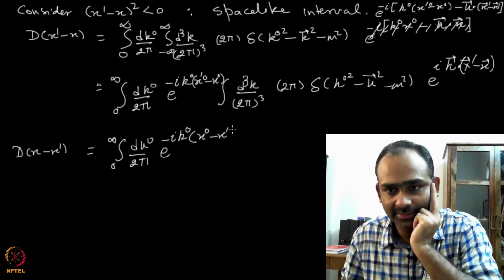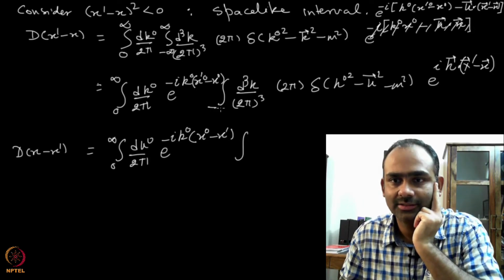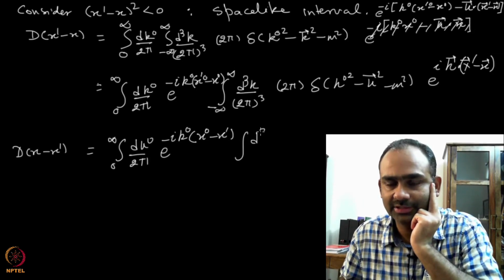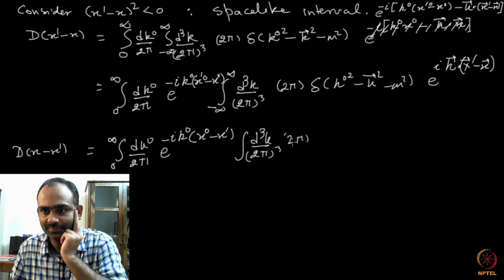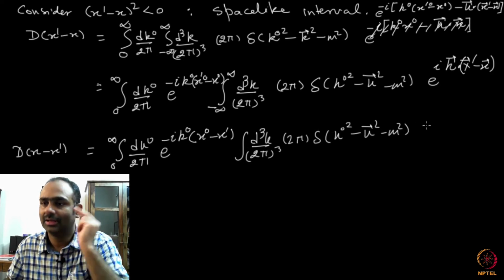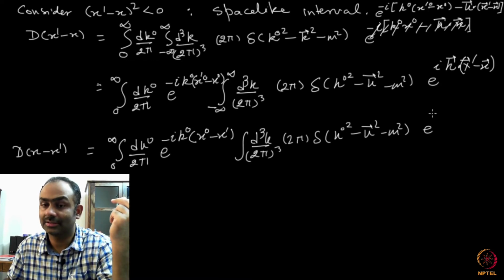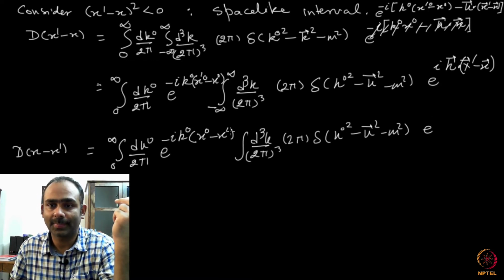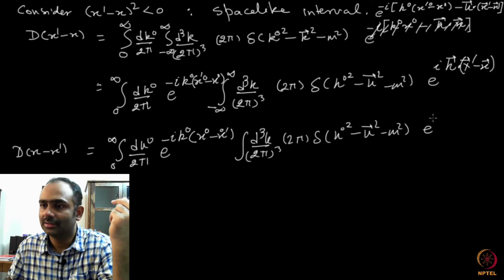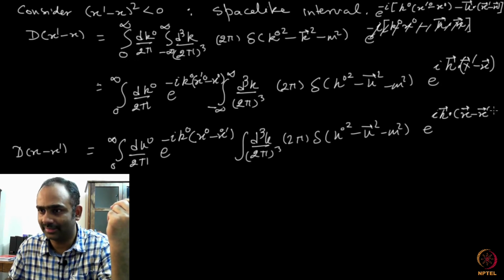X0 minus x prime, integral, and these limits are minus infinity to plus infinity, d cube k over 2 pi cube, same thing again, and then we get e to the I k dot x vector minus x prime vector.